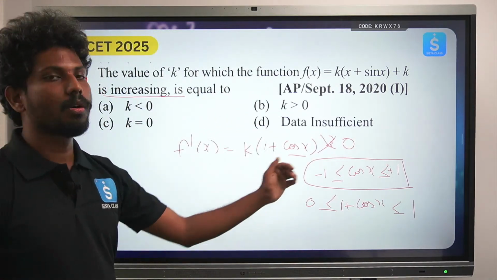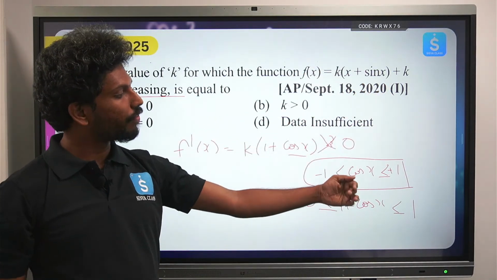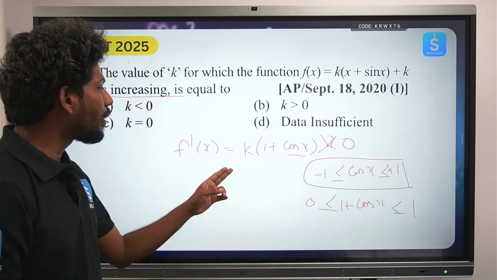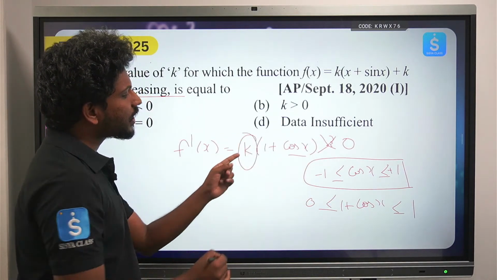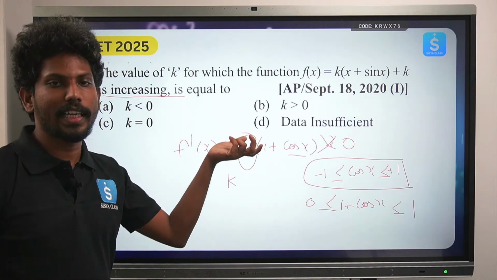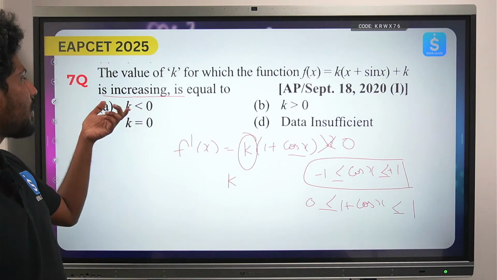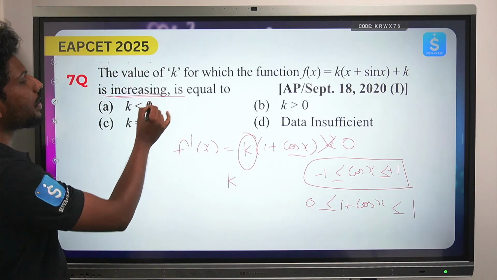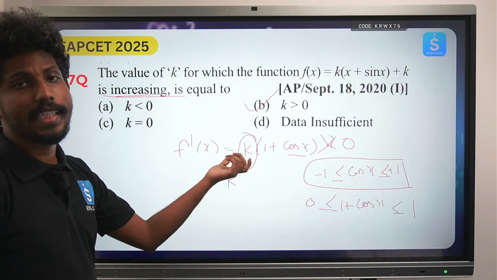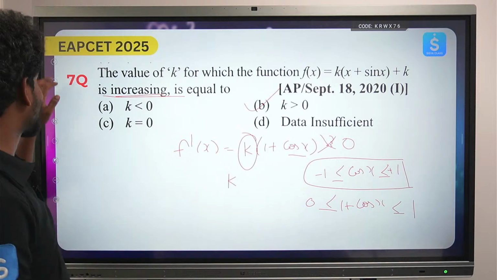It cannot cross 1 or cross 0. So the deciding factor is what? k. Only if this k is greater than 0, that will be a strictly increasing function. If it is less than 0, it will be a strictly decreasing function. Here we want it to be increasing, so k should be greater than 0, because it is the deciding parameter out of the whole case.